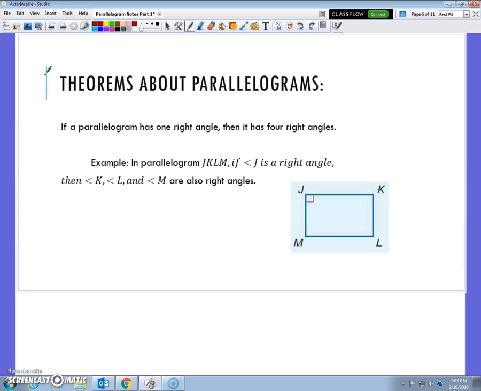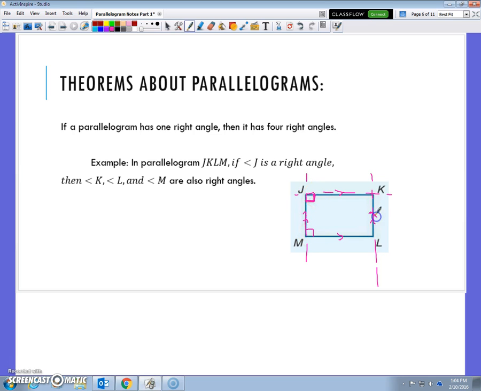And finally, if a parallelogram has one right angle, then it has four right angles. Similarly to all the other parallel line theorems that we already know, if I continue this, because the directions say it is a parallelogram, I'm going to mark that those are parallel to one another. If this is 90, its consecutive angle has to add up to 180, so that would also have to be 90.